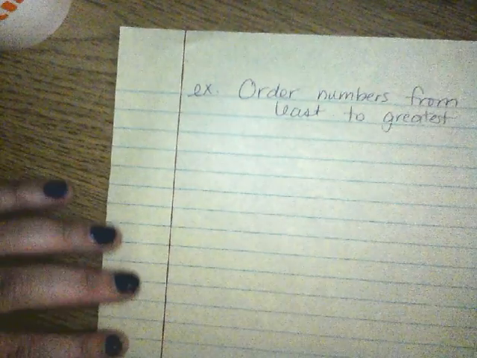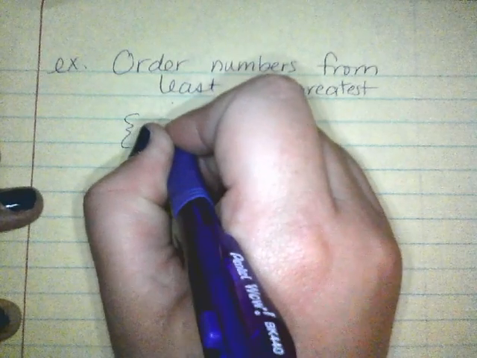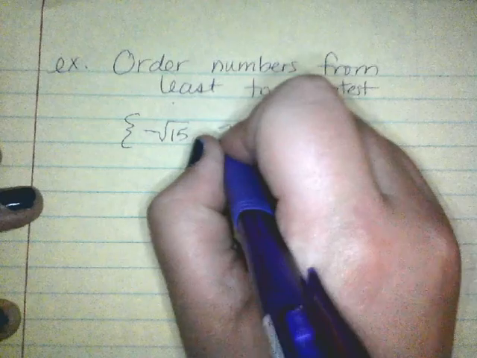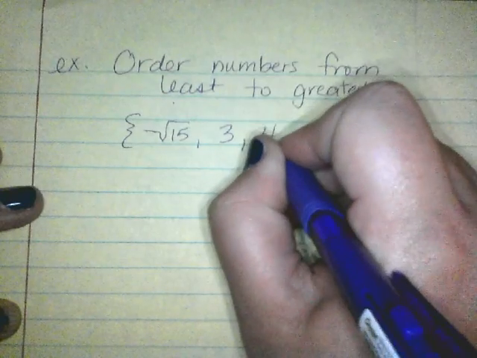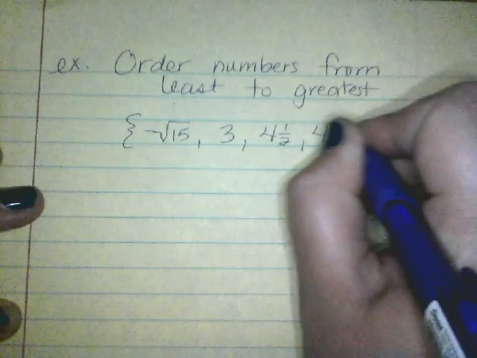Least to greatest. All right, and our numbers are the square root of 15, 3, 4 1/2, and 4.21 repeating.